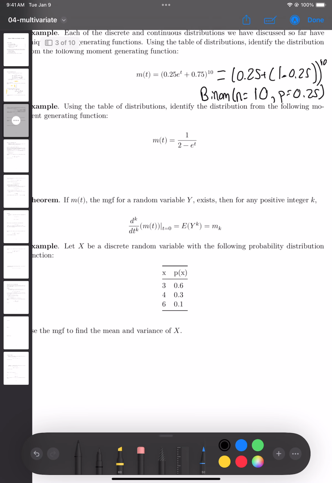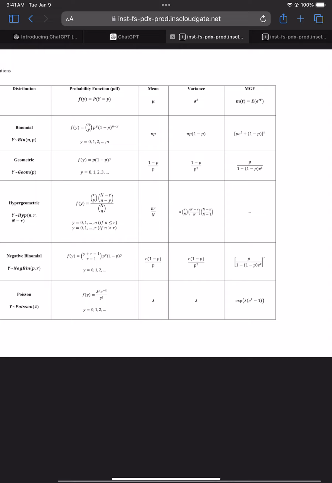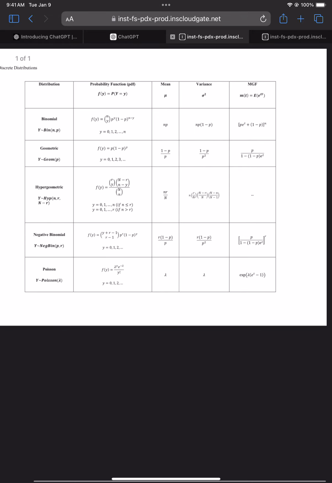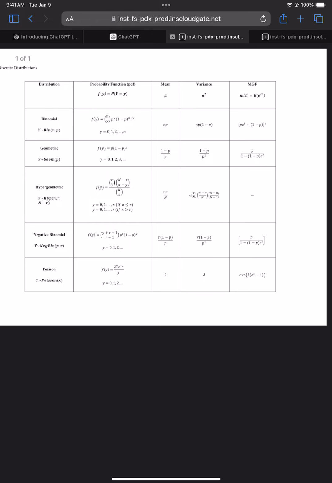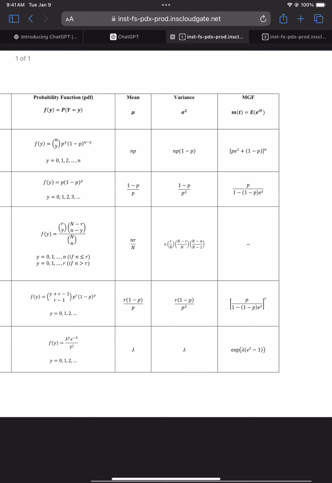Now we're going to play the same game with the second example. I'm looking at this moment generating function, 1 over 2 minus e to the t, and I'm going to go back to this table of distributions. I've got my continuous one and my discrete one, and I'm scanning for anything that matches that pattern.